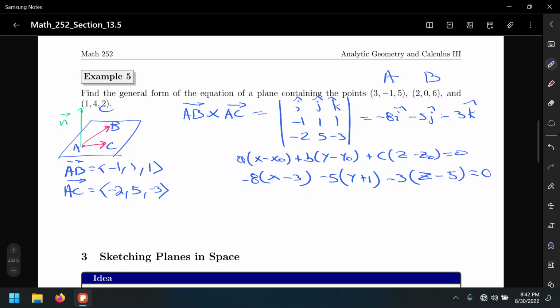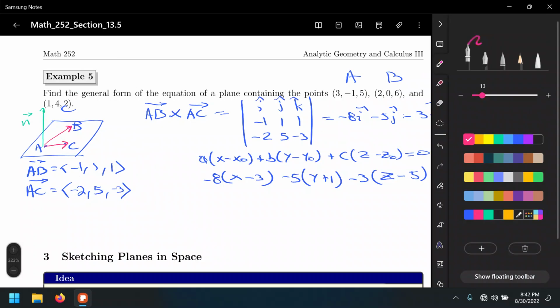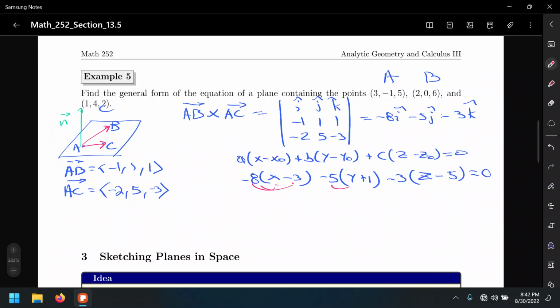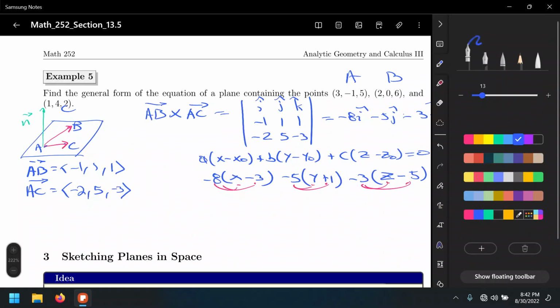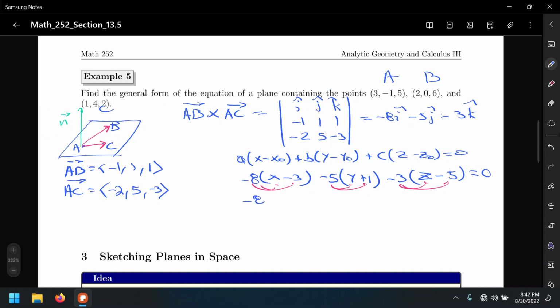All right, so that's the equation in what's the name of the form again? In standard form. Let's write it in the other form, the general form, by distributing. Negative 8x plus 24, negative 5y minus 5, negative 3z plus 15 equals 0.